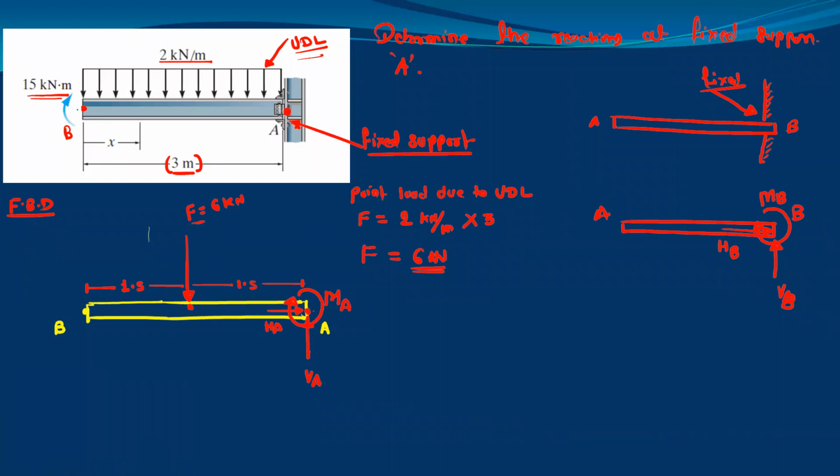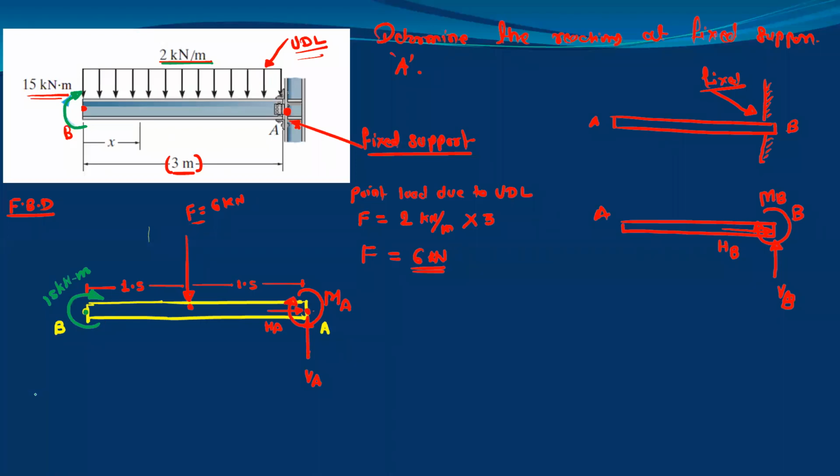It is given as clockwise, so I will show it like this, and its value is 15 kilonewton meter. Don't get confused between the unit of moment and the intensity: intensity is kilonewton per meter and moment is kilonewton meter. So this is your complete free body diagram for the given fixed supported beam.